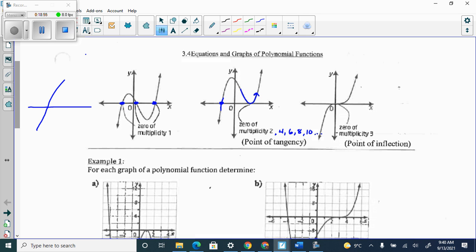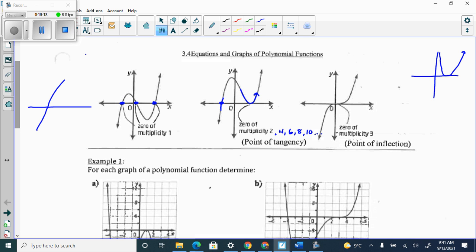So if you had, say, 10 there, it will come down, and then it'll hit it, bounce, bounce, bounce, and then shoot back up. So it's just a longer drag is what it'll look like on your calculator. But often on a diploma, they'll ask for the minimal possible multiplicity, so that you all have to find the same equation, right? Then it's forcing you to all use it as 2.